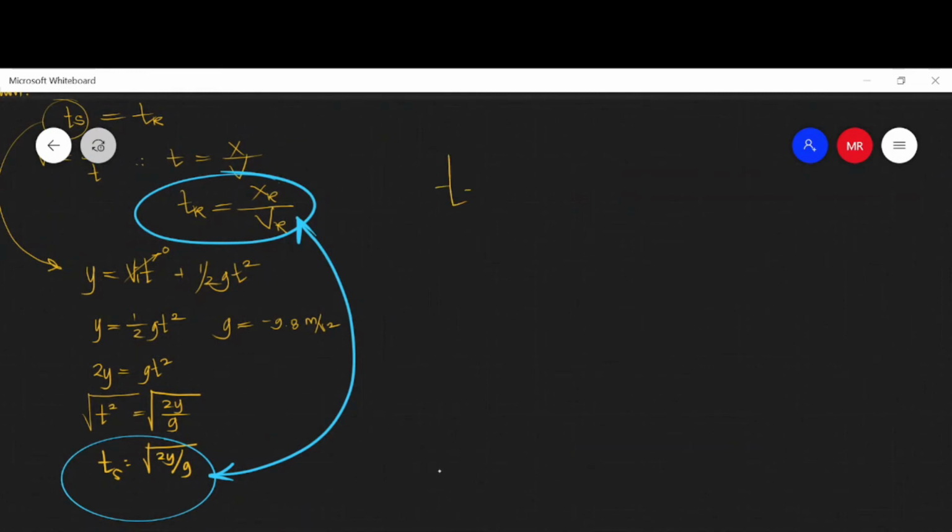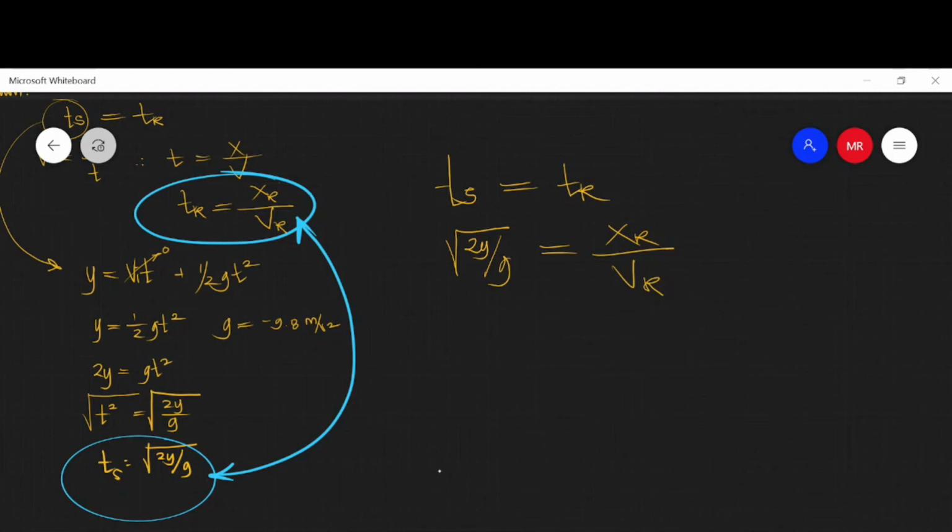Ts is equal to Tr, where Ts is the square root of 2y over g, equal to x, the distance traveled by the raft, over the velocity of the raft. We are being asked to find the velocity of the raft.